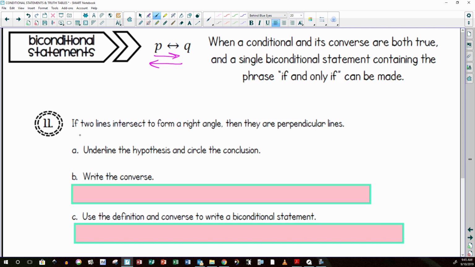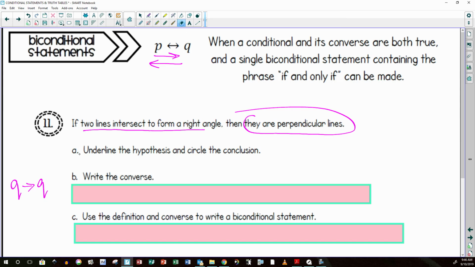So for example, if two lines intersect to form a right angle, then they are perpendicular lines. So here is our hypothesis. Here is our conclusion. Okay, and now if I write the converse, so now remember the converse is if Q, then P. Sorry, I got ahead of myself.